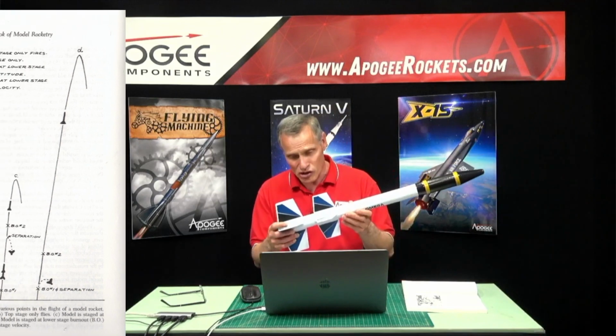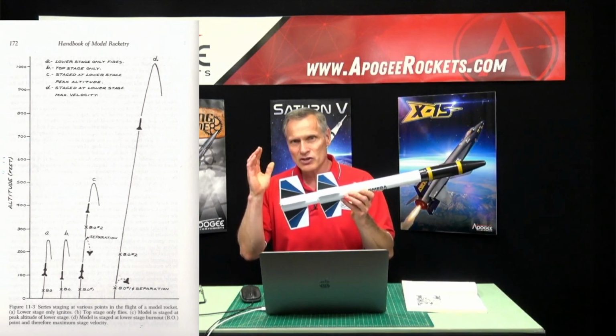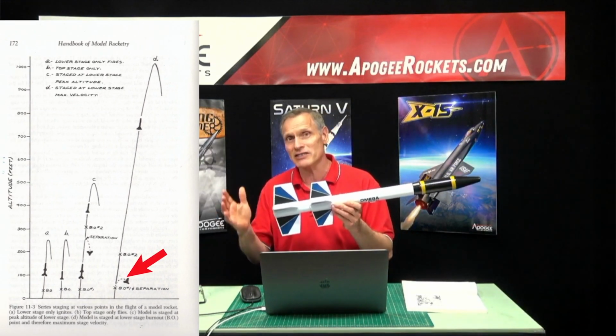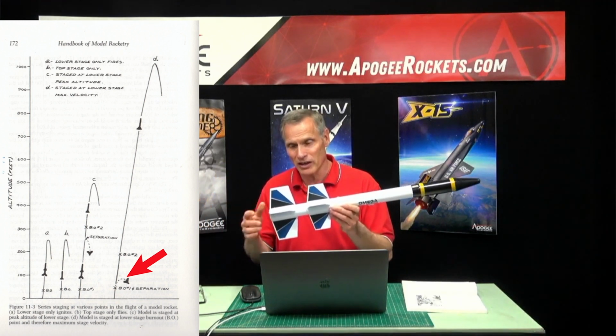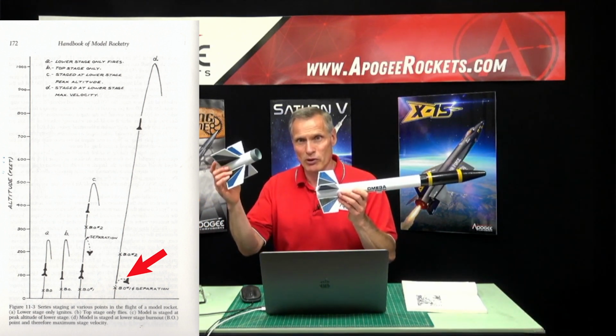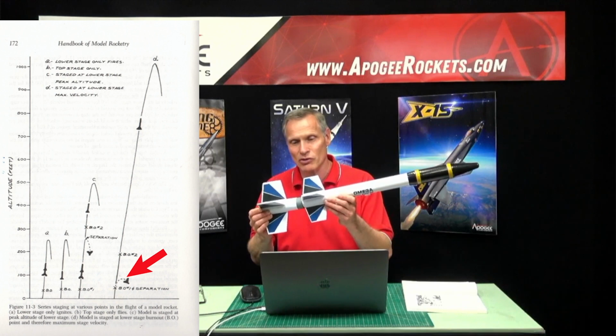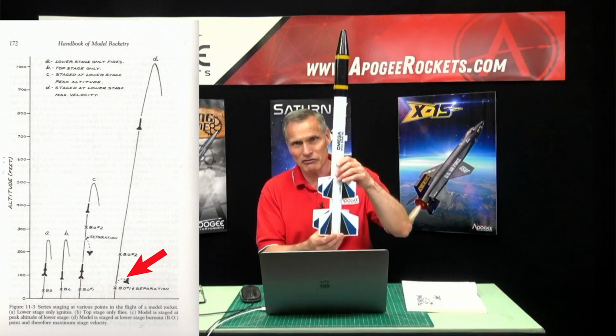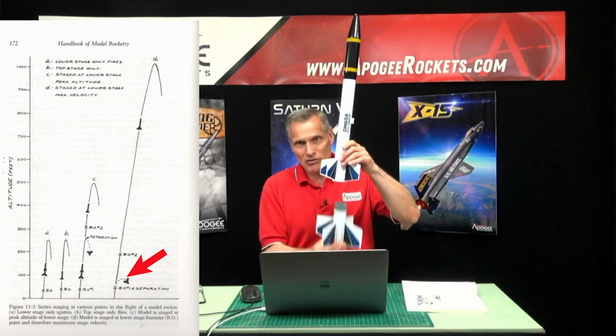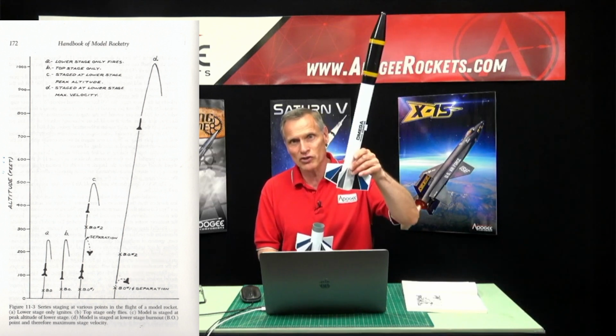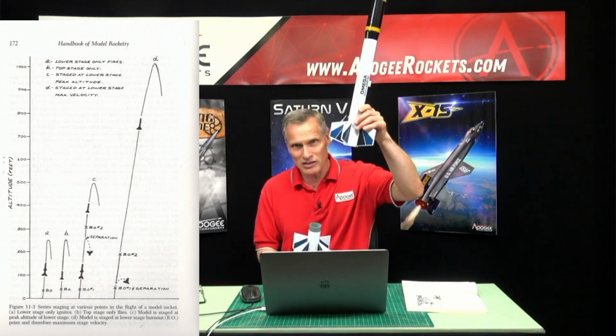And basically what the chart shows is to stage at the fastest point in the flight, which is right at motor burnout of the booster stage. So as the rocket takes off, the booster stage burns out, it drops off. That's when you should ignite the top stage to get the highest altitude.